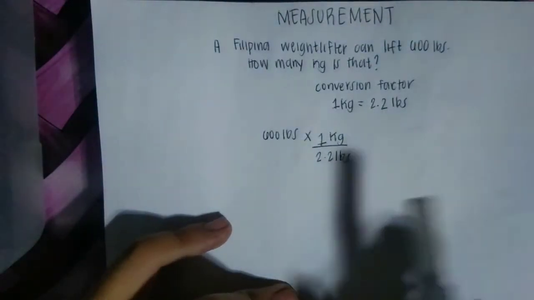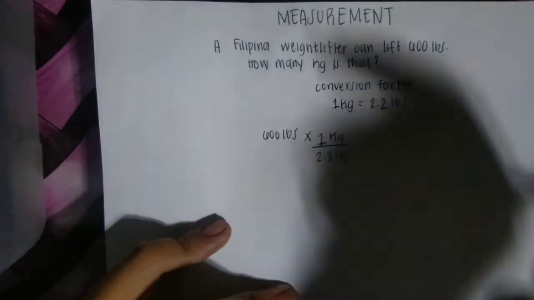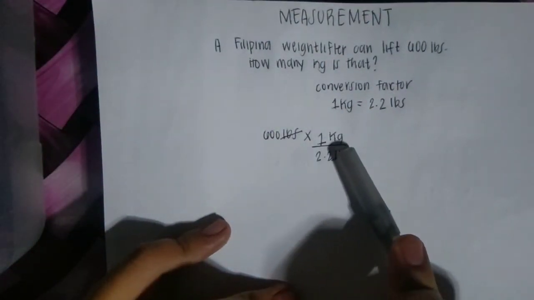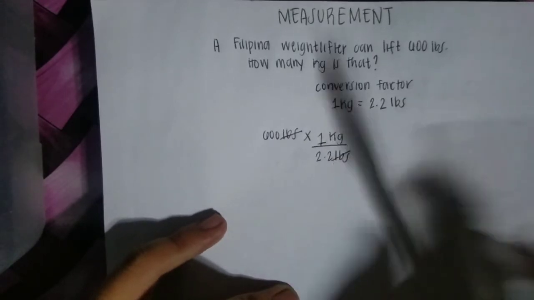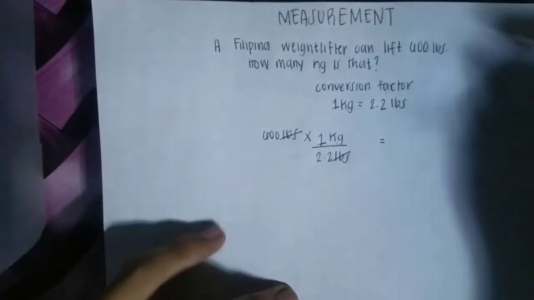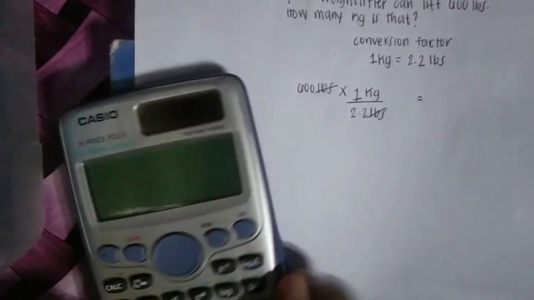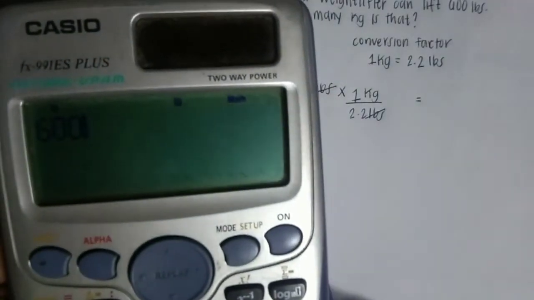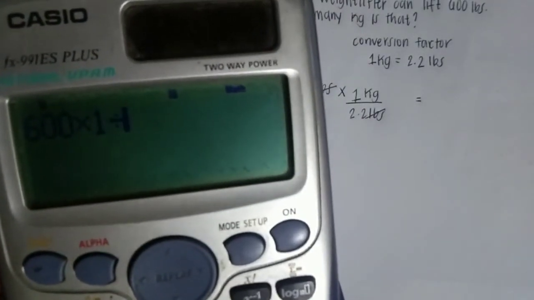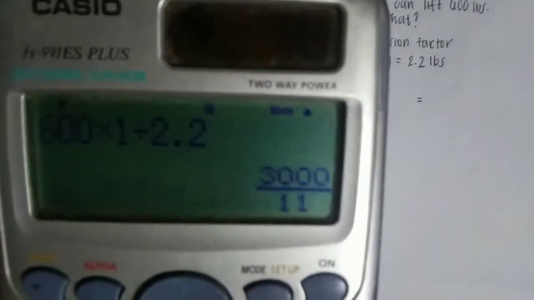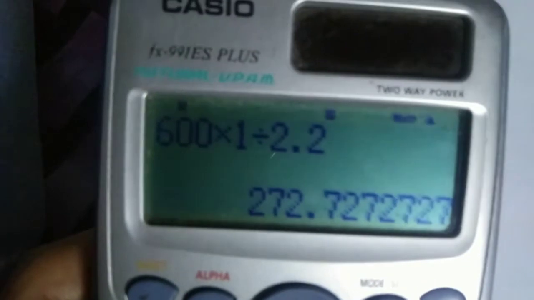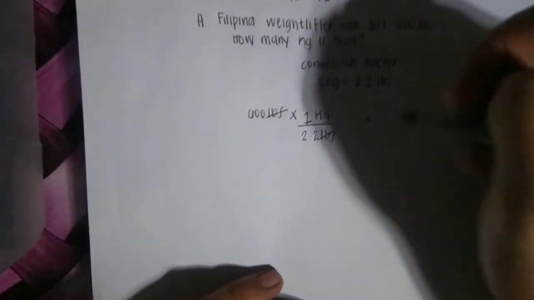And now, the pound unit will be cancelled, and what remains is the kg. So, we can now solve it. It will be 600 times 1 divided by 2.2, and we got 272.73.